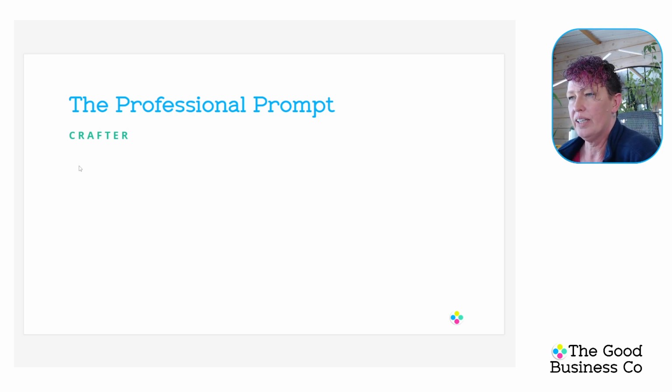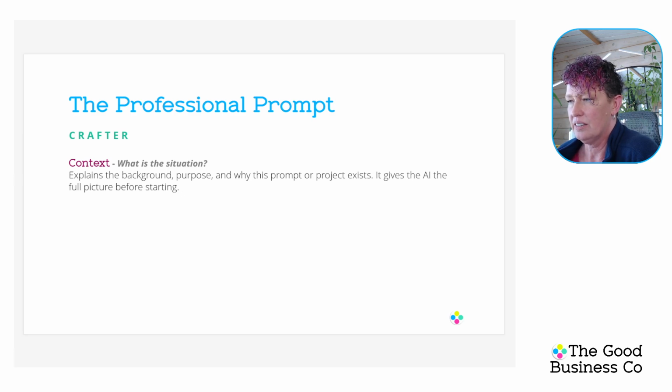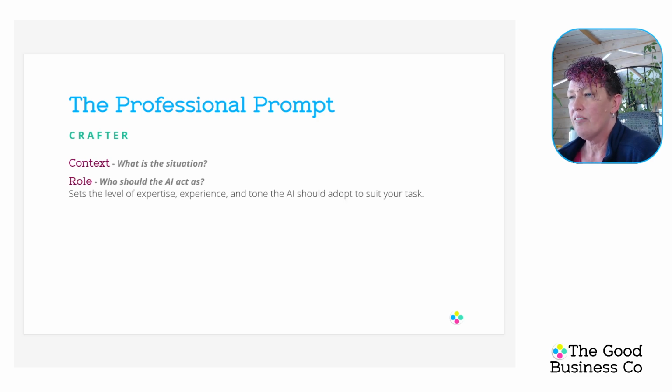So very briefly, CRAFTER. The first one is context. What is the situation? That's about the background and the purpose. We then have the role. What should it act as? So it can be anything from a PhD professor to a primary school teacher.